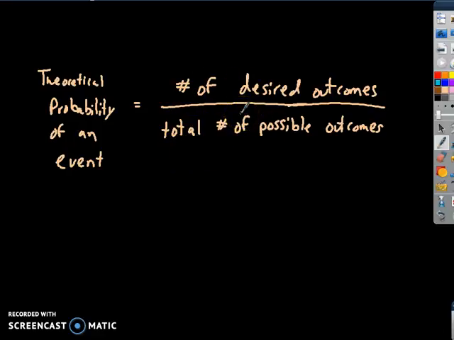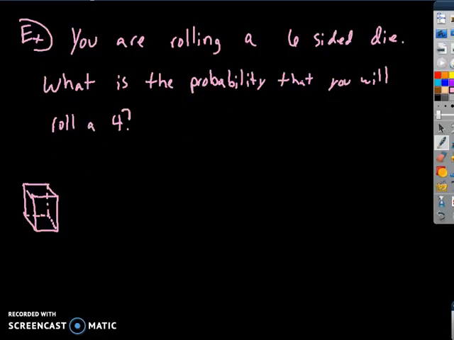All right, going on. First example. You're rolling a 6-sided die, and die is singular for dice. What is the probability that you will roll a 4? So think about a dice. It has sides 1, 2, 3, 4, 5, 6.